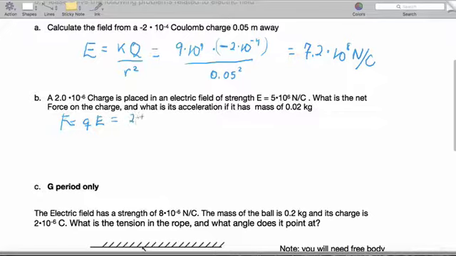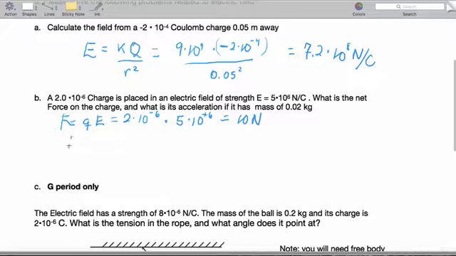So we've got 2 times 10 to the -6 times 5 times 10 to the 6. When you put that in your calculator, you end up getting a nice, simple 10 newton force.